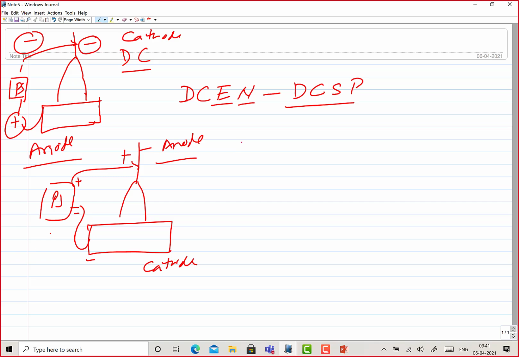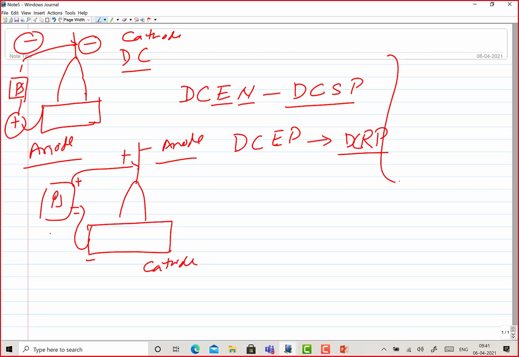This kind of setup is called DC EP, electrode positive, or also called DC reverse polarity, meaning the electrode is positive. These polarities are important to understand.